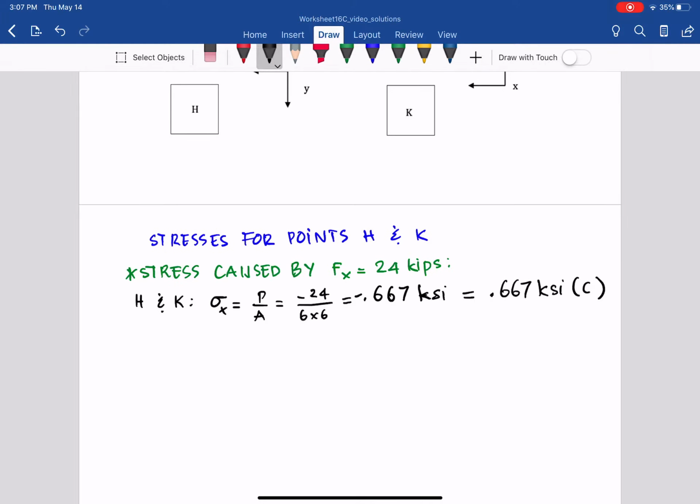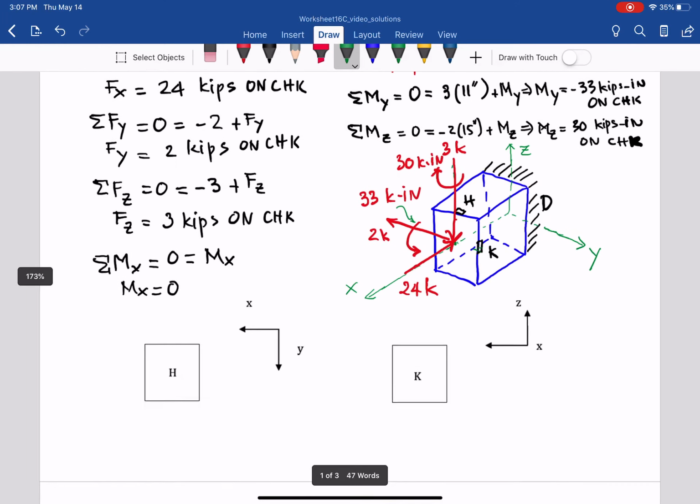And the next one is the stress caused by Fy, and Fy is equal to 2 kips, and it's shown in DHK here.